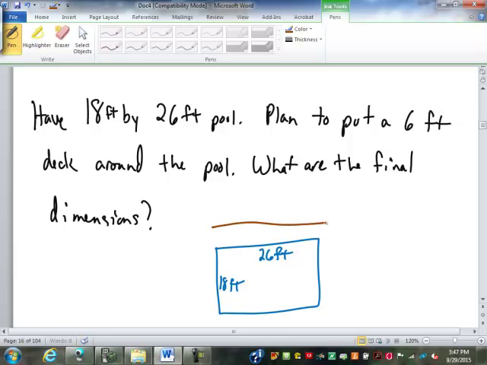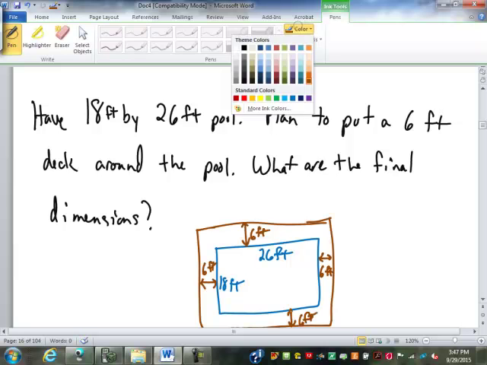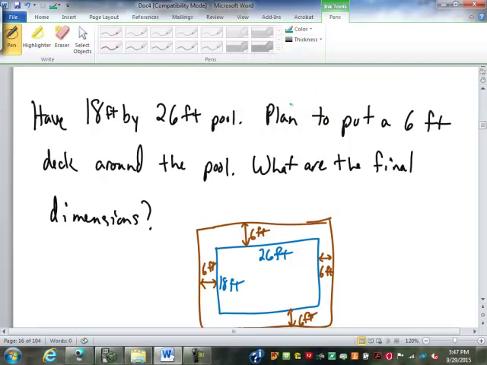So all the way around the pool, we're going to put this 6-foot wide deck. And we want to know the final dimensions, the overall dimensions.